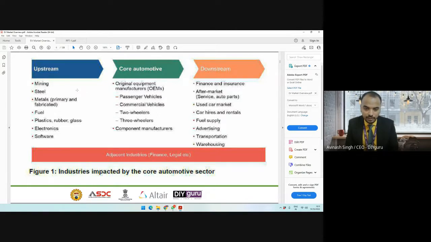Nowadays, you will hear a lot about electric vehicle financing companies. They are coming into the picture because more of these NBFCs have come into the banking side, where they are giving small loans based on your CIBIL score and all that. So there is a lot of buzz in the finance industry.